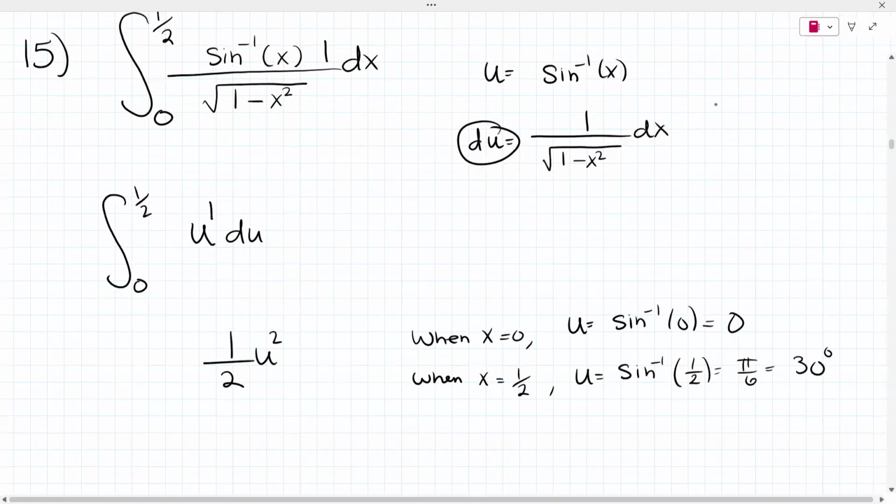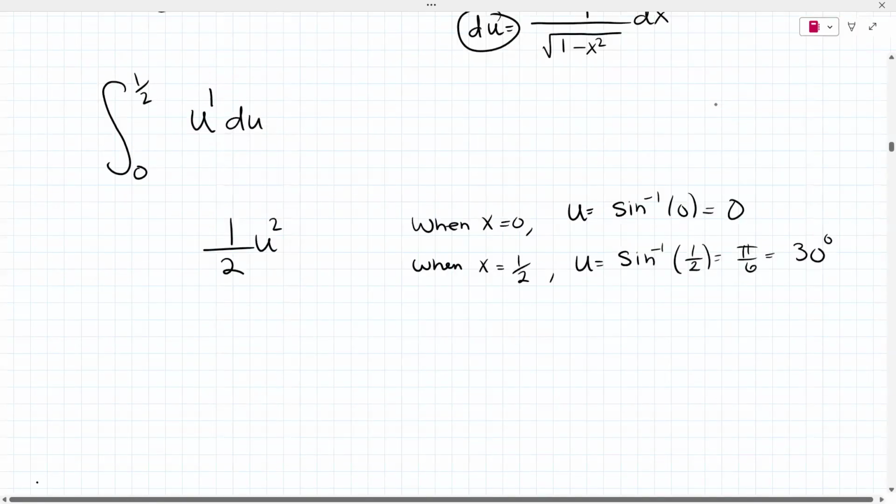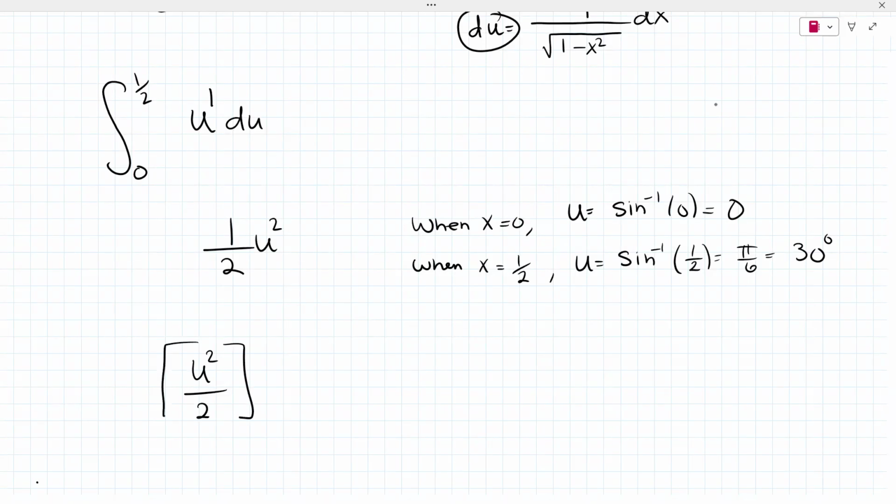So now 1/2 u squared is the same thing as u squared over 2. And then put in your new boundaries. Our lower boundary is 0, and our upper boundary is pi over 6. So apply the fundamental theorem. This is going to be pi over 6 squared times 1/2 minus 0 squared.